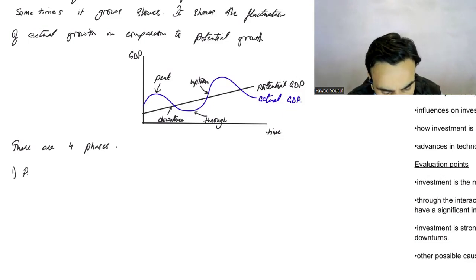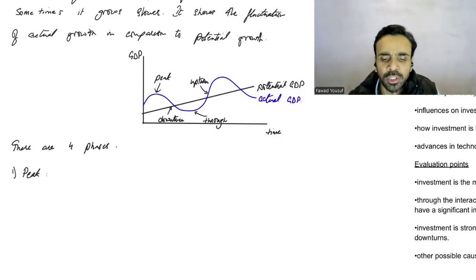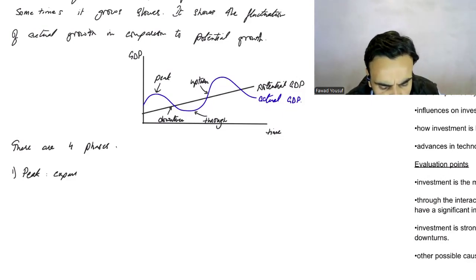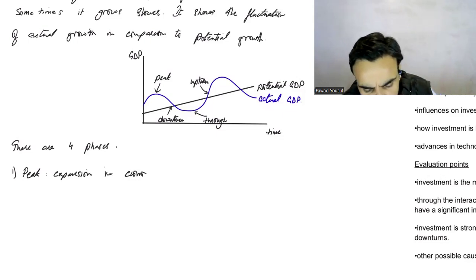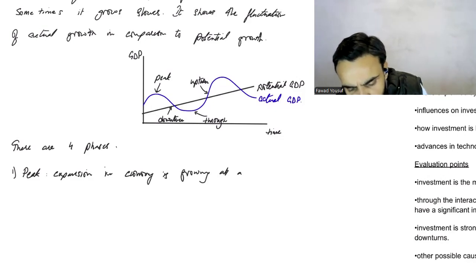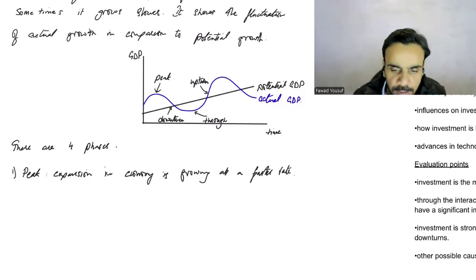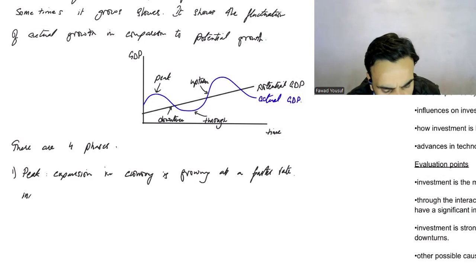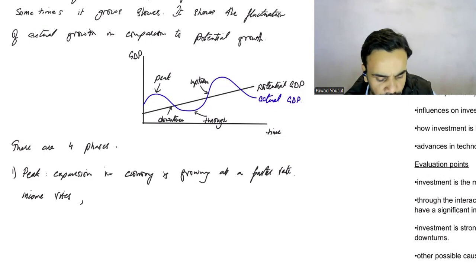For example, if I talk about the peak, not too much detail, but we can mention that it talks about the expansion in the economy. The economy is growing at a faster rate. Incomes are rising. And what else is happening?